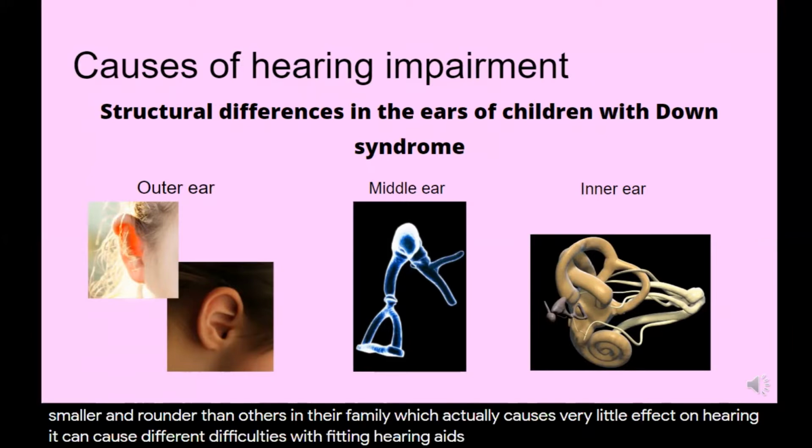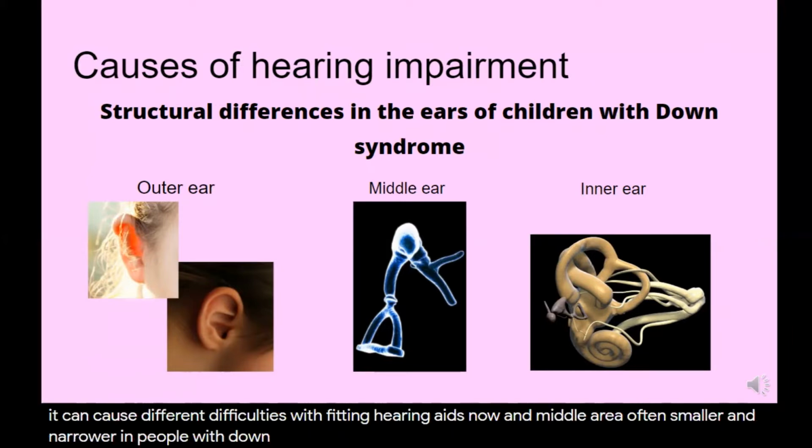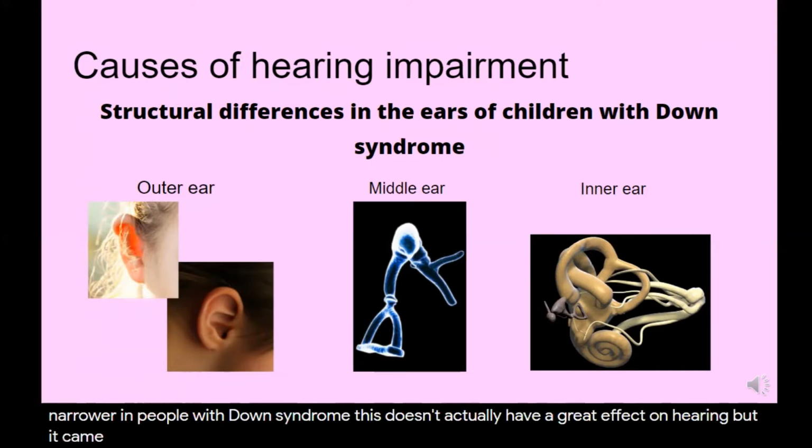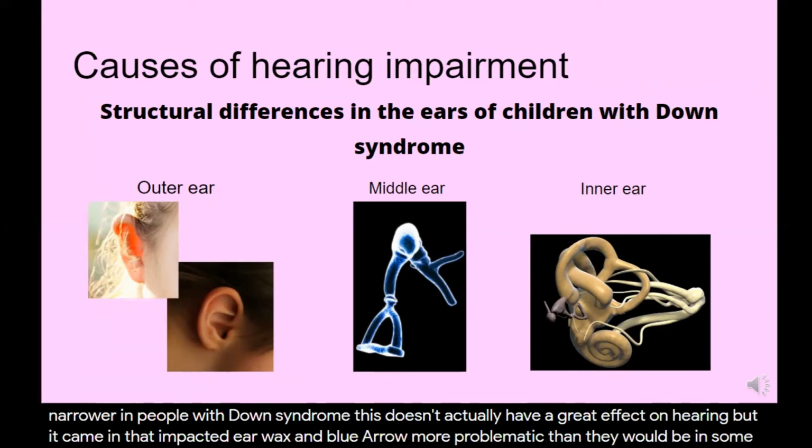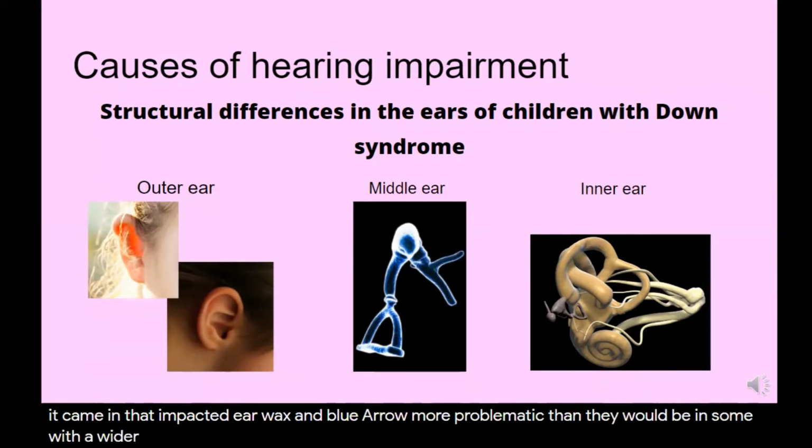The ear canal and middle ear are often smaller and narrower in people with Down syndrome. Now, this doesn't actually have a great effect on hearing, but it can mean that impacted earwax and glue ear are more problematic than they would be in someone with a wider ear canal and middle ear.